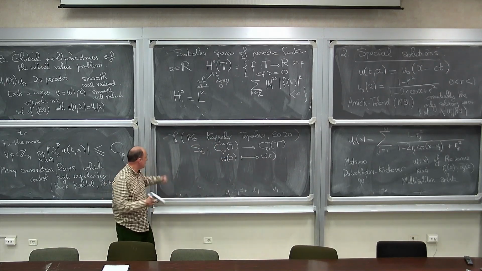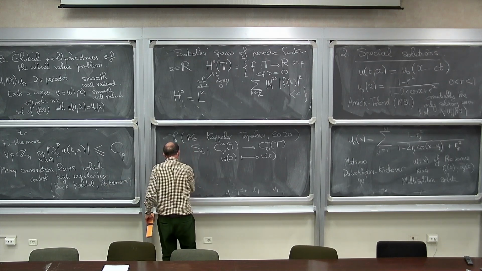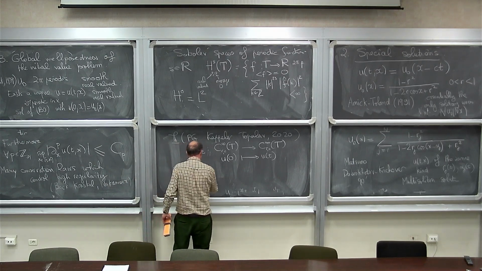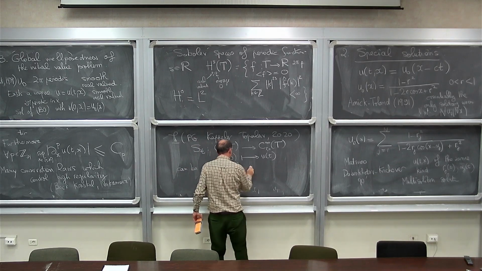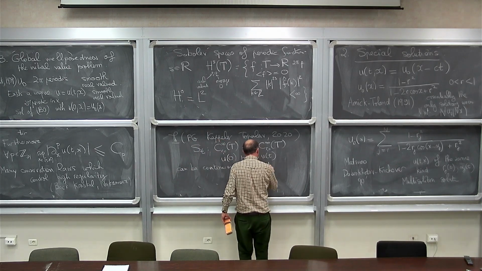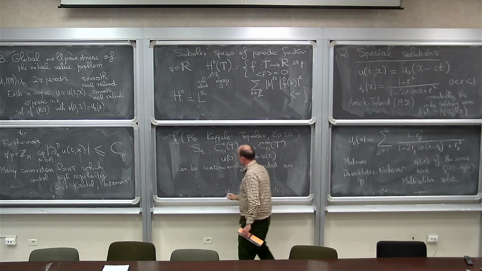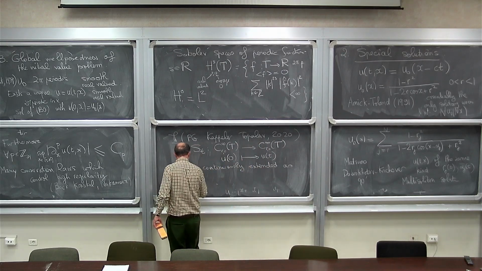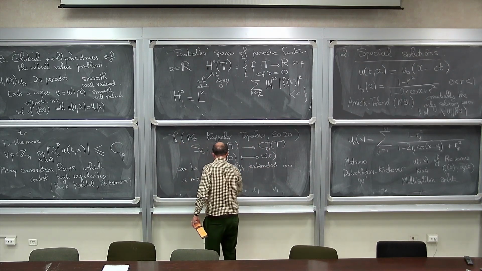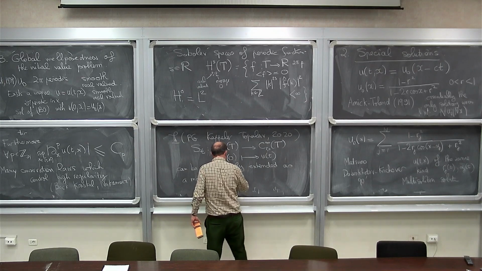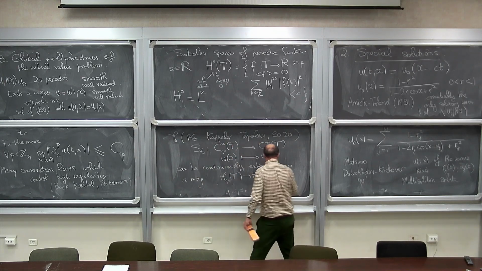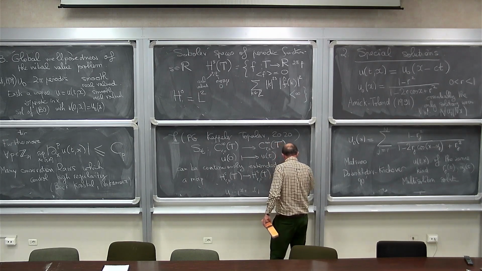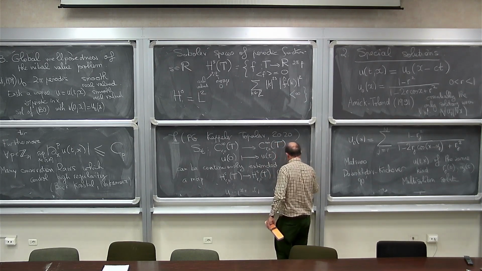So this is the flow map. This can be continuously extended as a map from H^s to H^s, not for all s, of course, but for all s strictly bigger than -1/2.